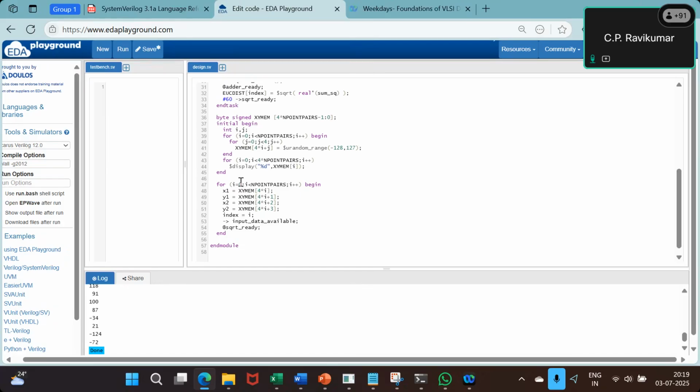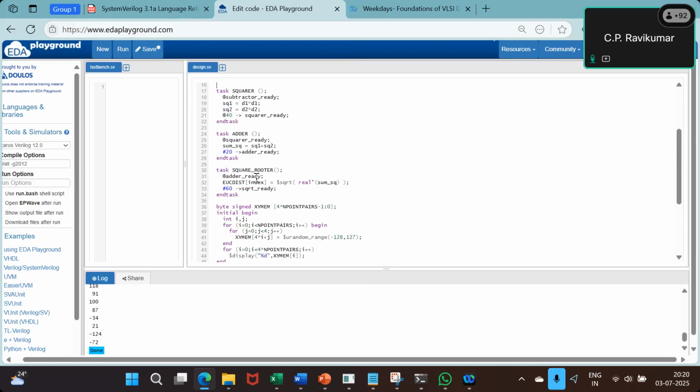Okay, so look at the... now we have to fork the 4 tasks, namely, what are the tasks called?